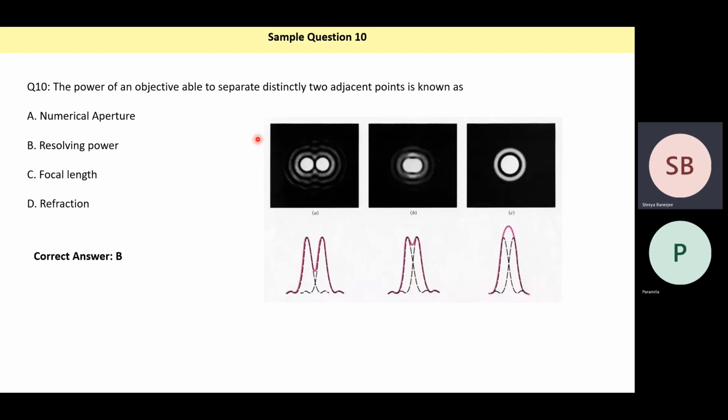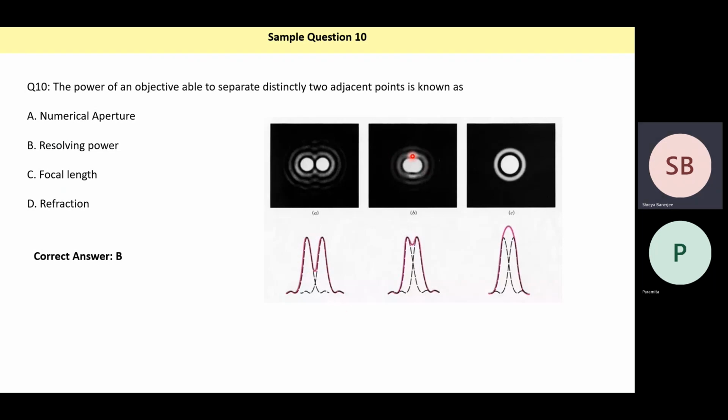Just to recap, resolving power is the ability of the instrument to distinguish between two separate spots which are close to each other but which are not the same spot. In the first image, it shows a clearly well resolved image. If you look at the spectral peaks, it will show two clearly well defined peaks.